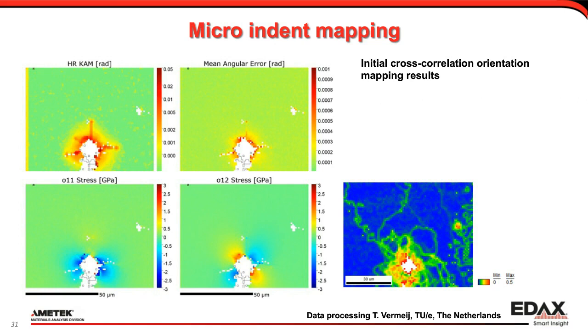And then there are the stress maps on the left, looking at the rotation of the lattice due to this indenting. So I just want to thank Tijmen van Meij for doing this processing. And I'm working on some more information, some more maps as examples, and that will come in due course.